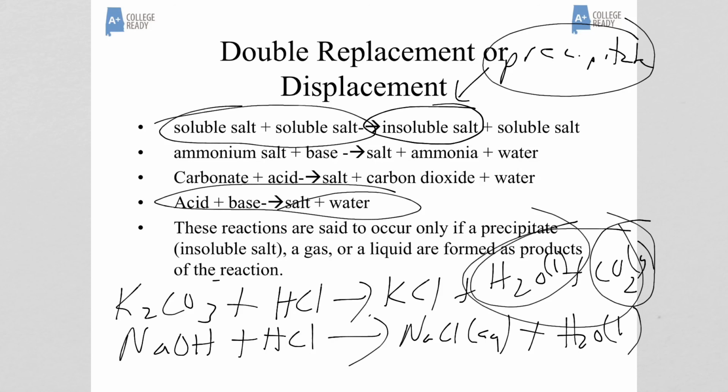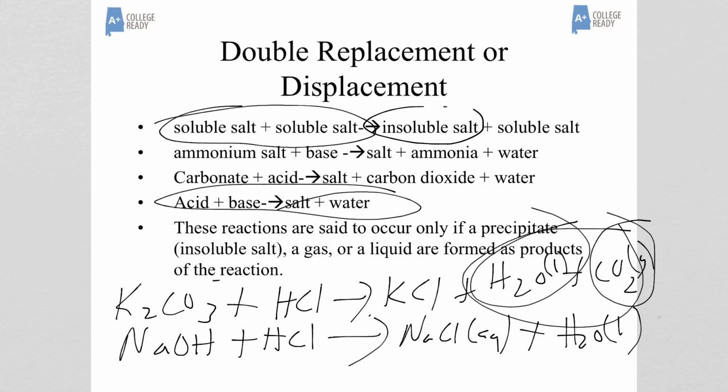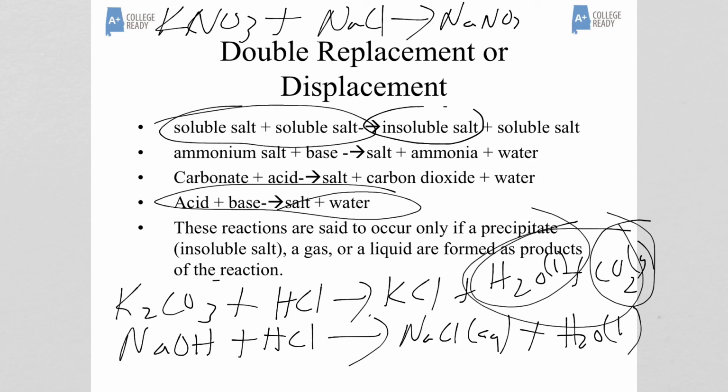Now let's look at an example where there wouldn't be a reaction. Let's say that we were reacting together potassium nitrate plus sodium chloride, both aqueous salts. They switch places. We get sodium nitrate, which is also aqueous, plus potassium chloride, which again is aqueous.